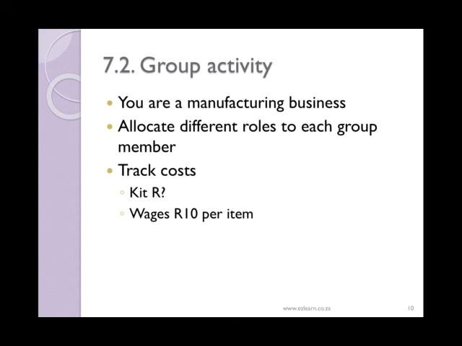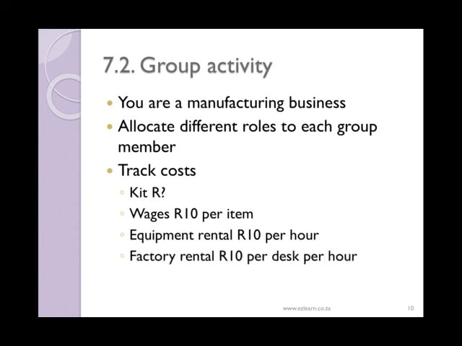So as you finish producing a product, 10 Rand wages would need to be paid. You also need to imagine that the equipment you are using, maybe it's scissors, pins, needles, glue, spanners, whatever it might be that you need to borrow, you are going to pay rent at 10 Rand per hour. You also need to consider factory rental of 10 Rand per hour for your desk that you are using.